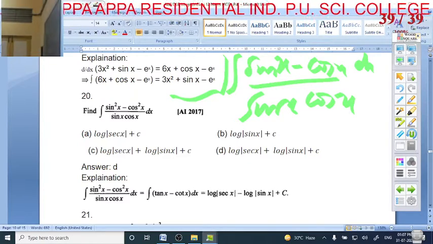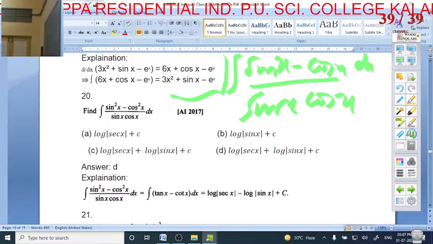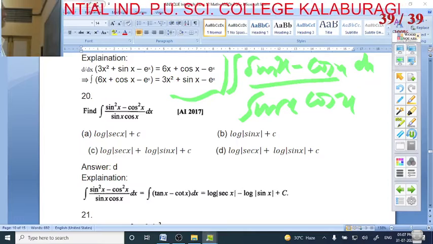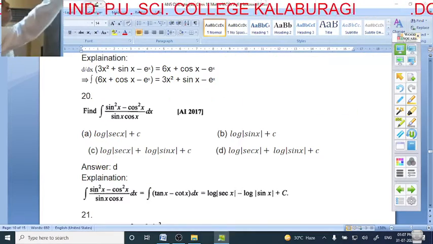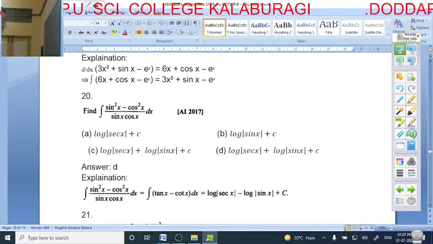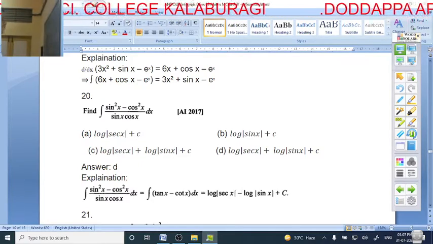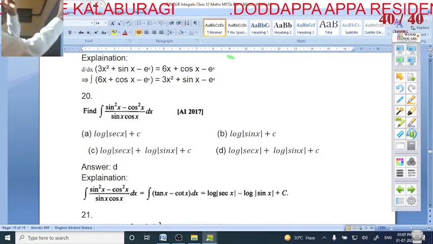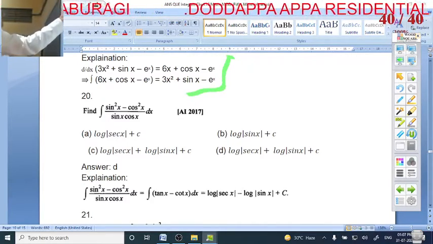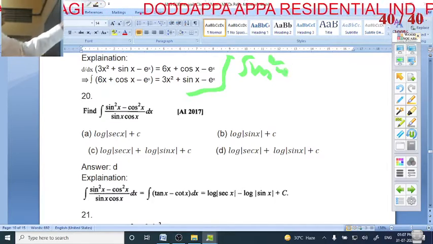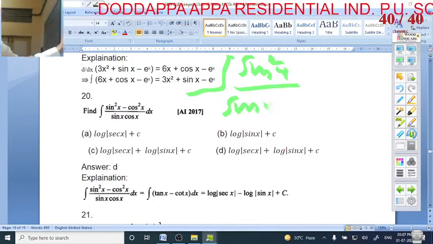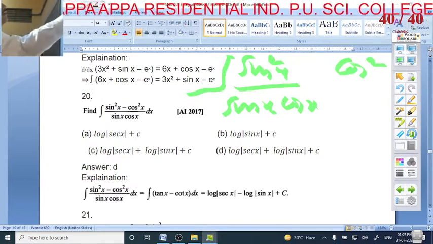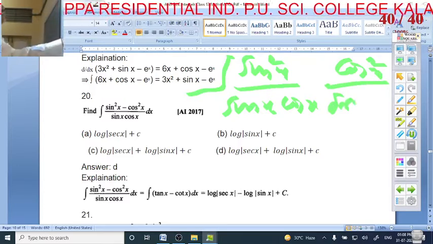We can write the integrand as sin square x divided by sin x into cos x, minus another quantity, cos square x divided by sin x into cos x.